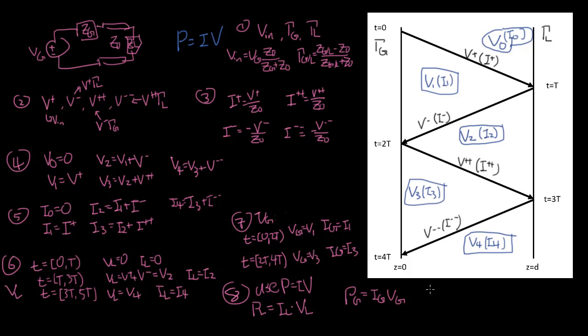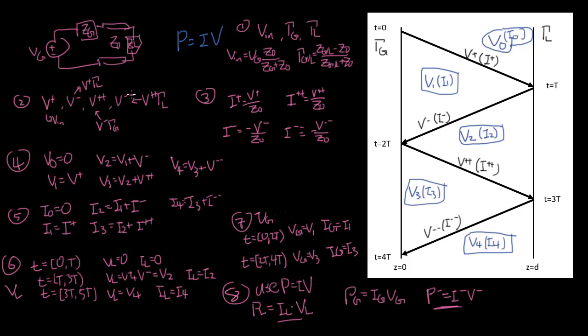Or the other thing is, if you wanted to find the power dissipated from this reflected wave, the power at the first reflection, then that would simply be I minus times V minus. So if you were asked how much power was at the load versus how much power was reflected, you would use this formula to find the power at the load, and then at the first reflection, you would use that to find the power dissipated.